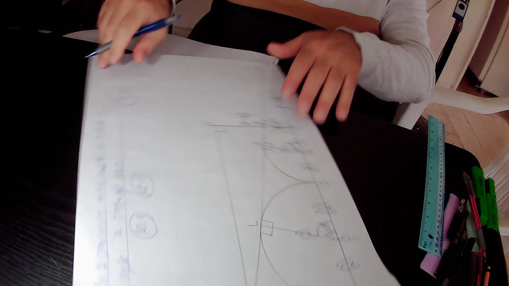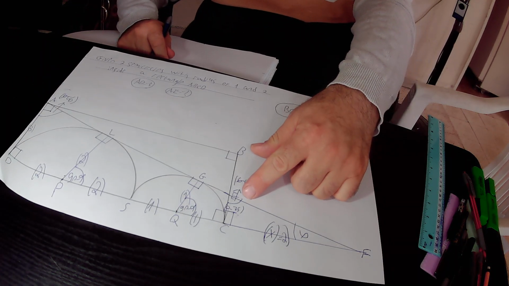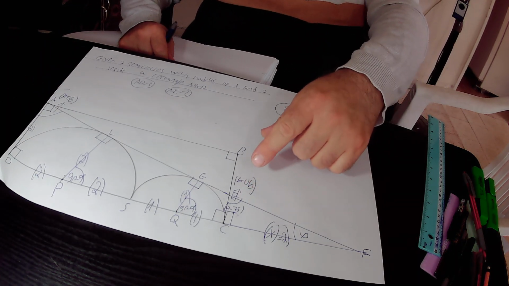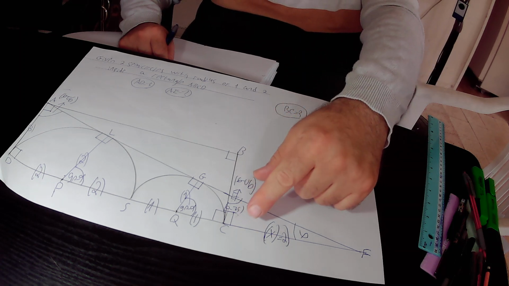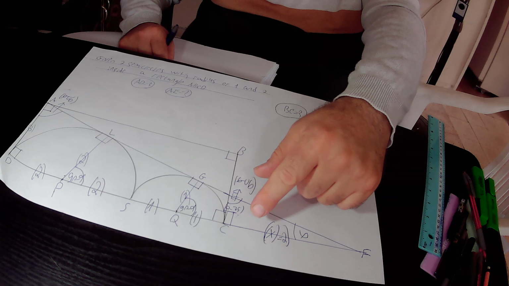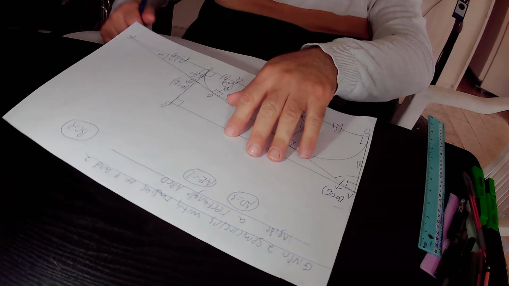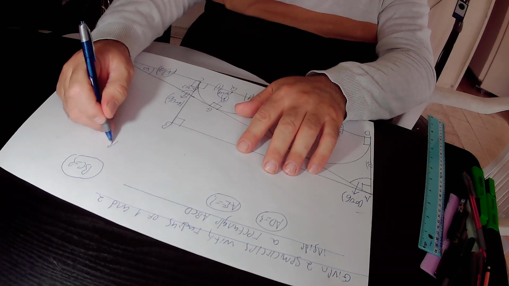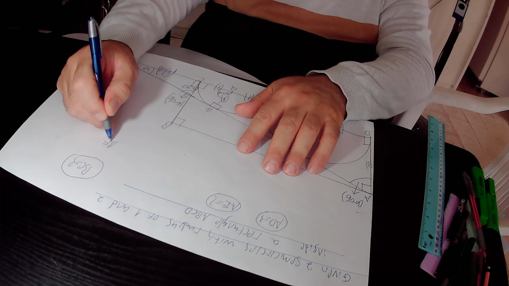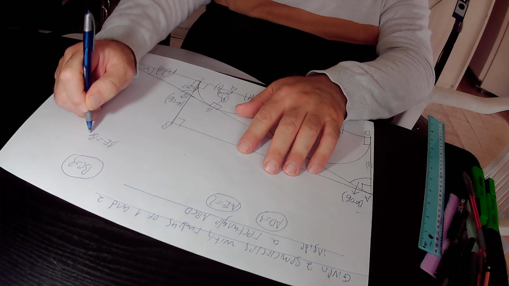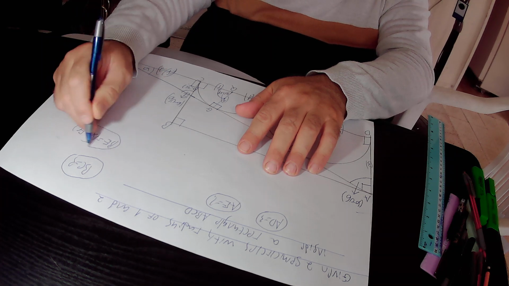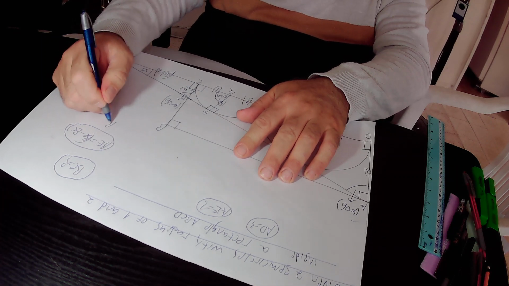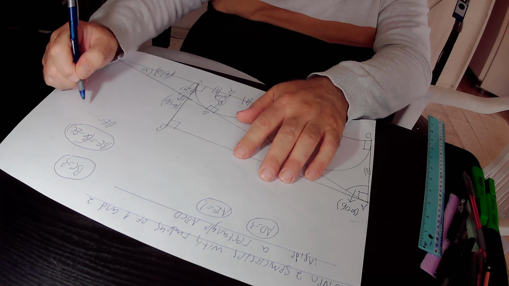What is the length of the missing line segment BE? From the drawing it is very easy to see that BE equals BC minus EC. Again, BE equals BC minus EC. So I write it down, BE equals BC minus EC. So BE equals BC.